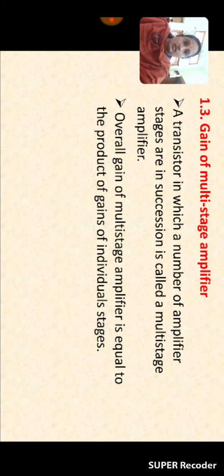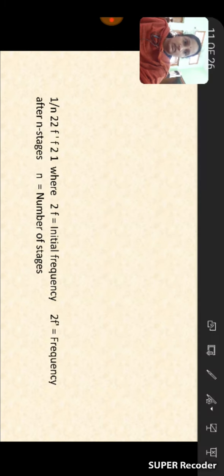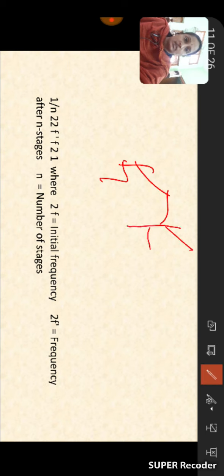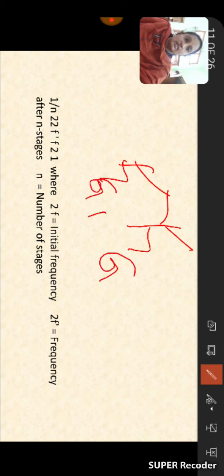See here how it comes from the diagram. For example, if an amplifier consists of two stages, this one has gain 1 and this one has gain 2.